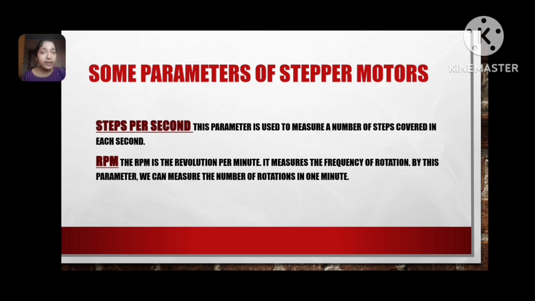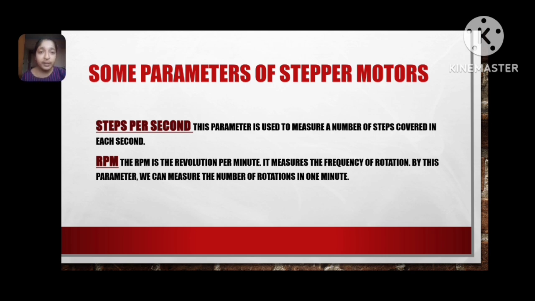Seconds are very important in stepper motor interfacing. The parameter used to measure the number of steps covered in each second is steps per second, which is the third parameter. RPM expands as revolutions per minute. RPM measures the frequency of rotation.